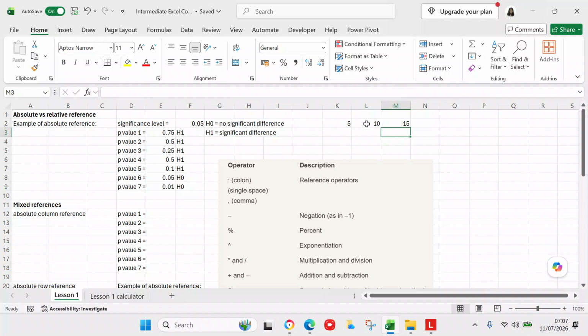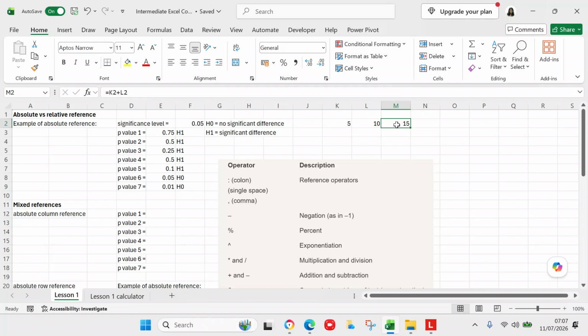So that's 15. It's set up for a relative cell reference, and you can tell that it's relative because it doesn't have a $ sign between the K and the 2 and a $ sign between the L and the 2. That's letting you know that it is a relative cell reference.